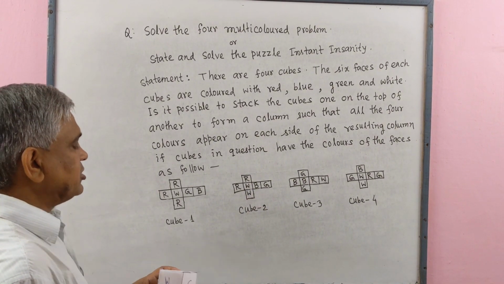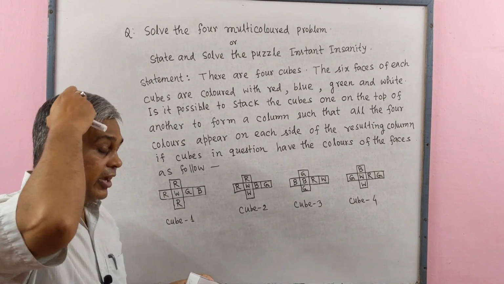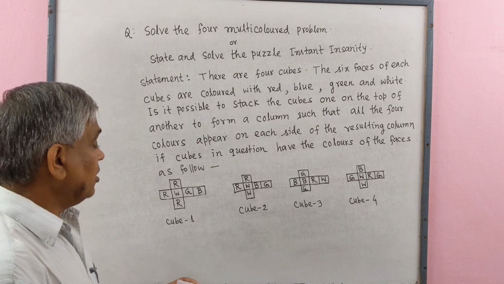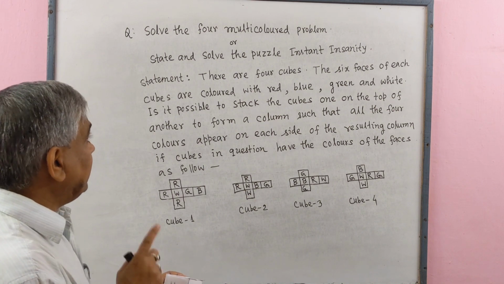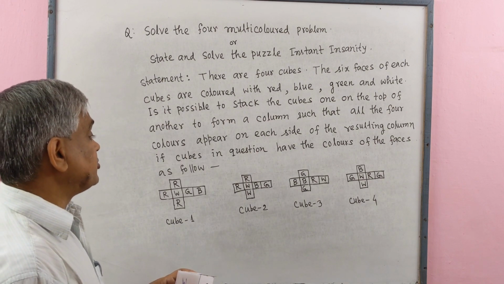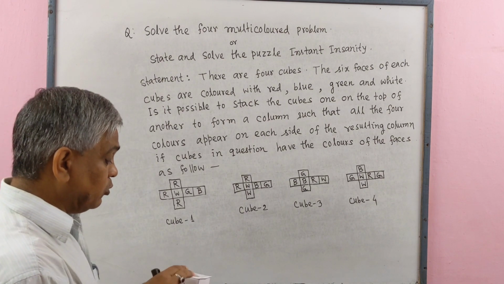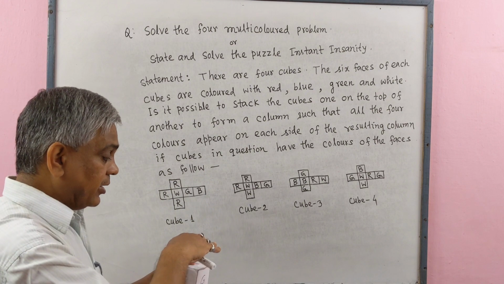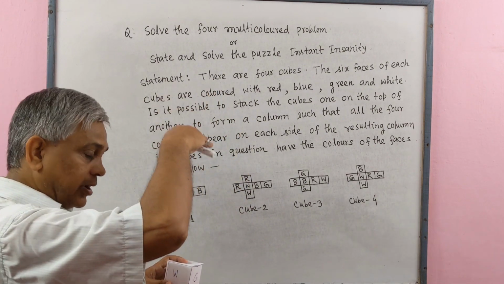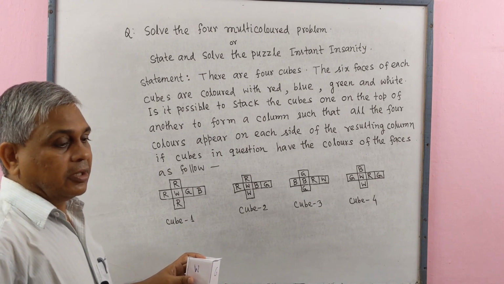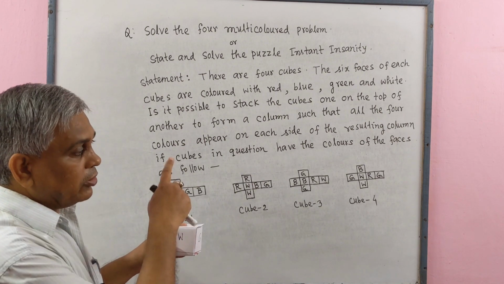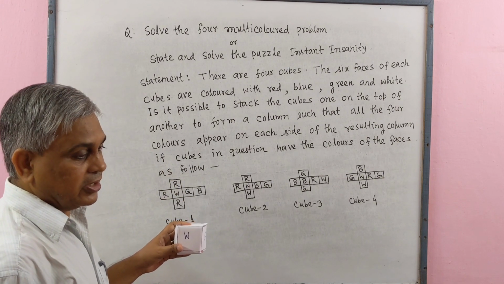Now the question is that we have 4 colors and 4 cubes. So with the help of graph theory we have to arrange these cubes in such a manner, one above another, and that above another, such that each column will contain 4 different colors.